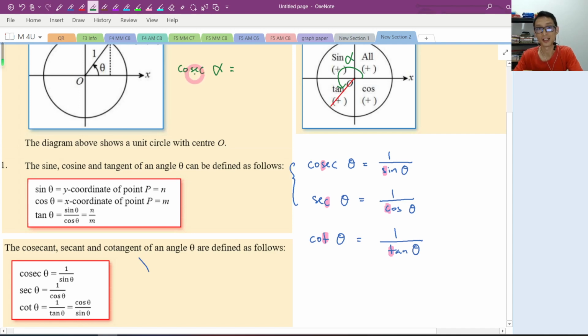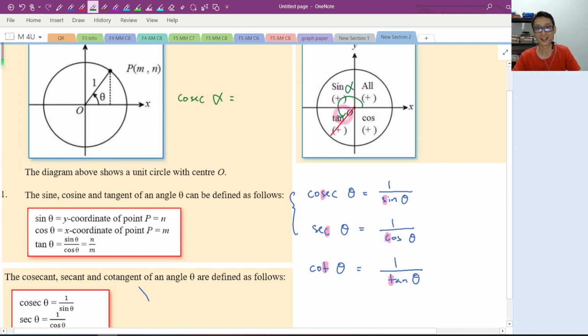This is cosecant, 1 over sine, so it will follow the sign of the sine. Do you get what I mean? In this third quadrant, only tangent is positive, so sine alpha is negative. So we know that 1 over sine will be negative as well.